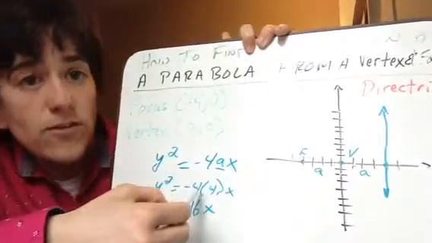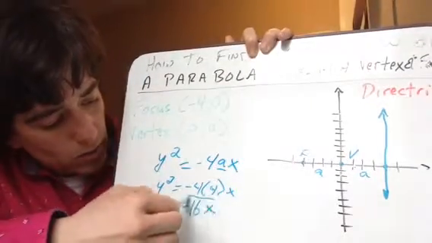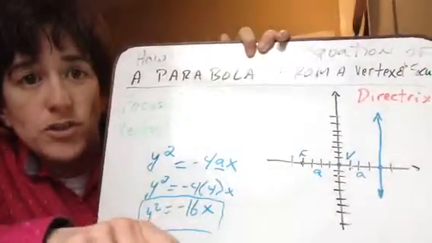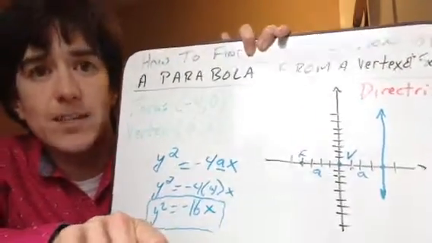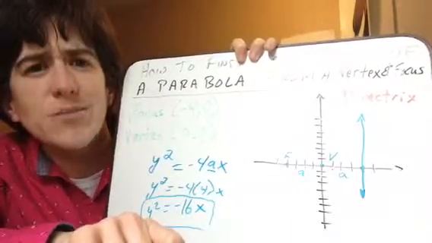Since -4 times 4 is -16, my equation of this parabola is going to be y squared is equal to -16x.